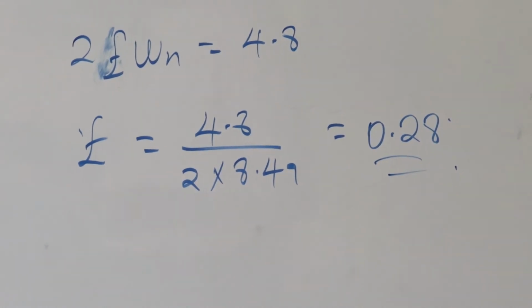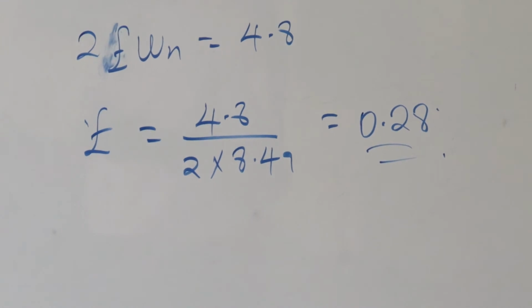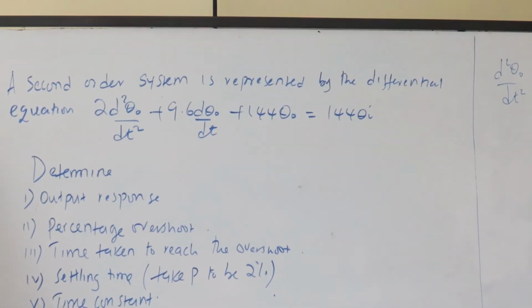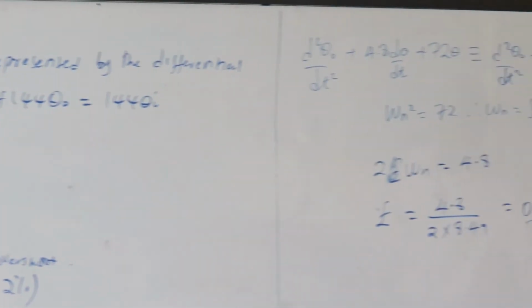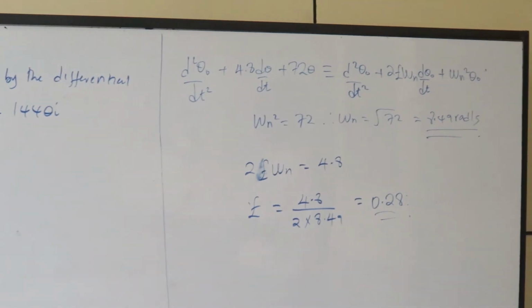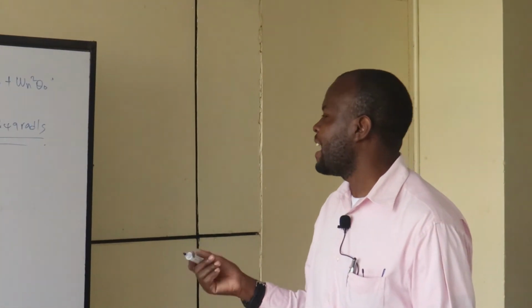After we've gotten the value of zeta, we are now going back to look at the equation of a second order underdamped system, because we said that when the value of zeta is less than 1, then we can talk about an underdamped system.